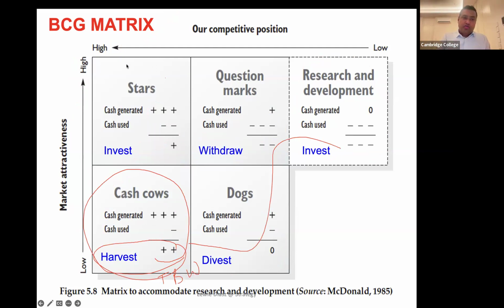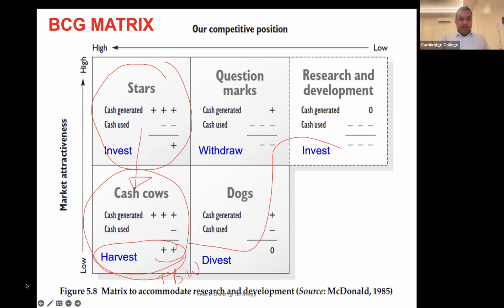Tomorrow's breadwinners are these. Why? Because at some point, these guys are going to come here and you can milk them. So if you have a combination of today's breadwinners and tomorrow's breadwinners in your product portfolio, then you are guaranteed success today and in the future.